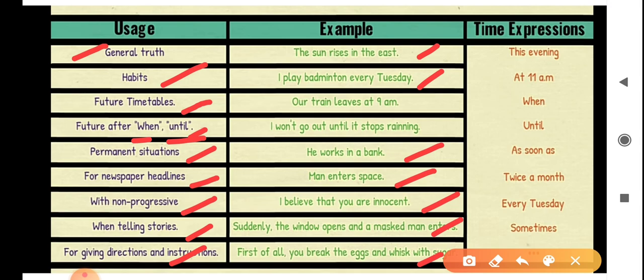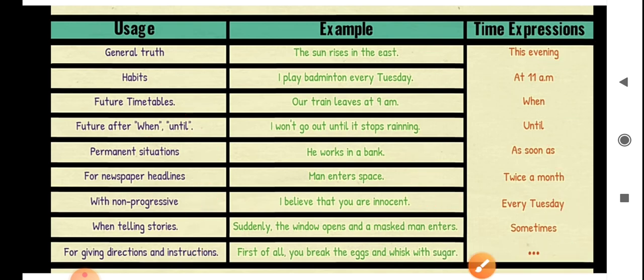Now, here are some time expressions. These words are always used in simple tense. This evening, at 11 a.m., when, until, as soon as, twice a month, every Tuesday, sometimes.